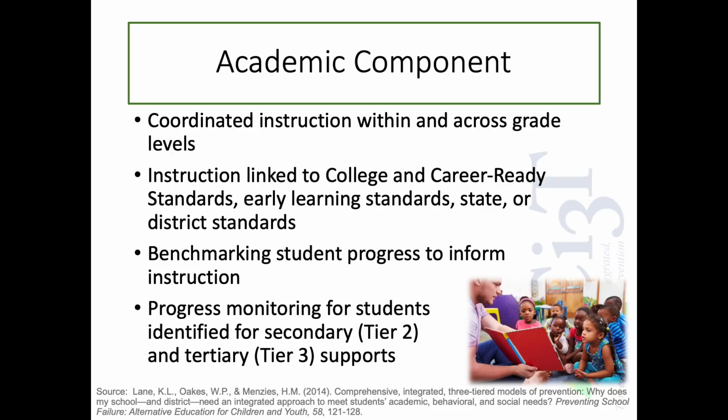We have learned over the past several years that with response to intervention models, the benefit is of close monitoring of student performance, including benchmarking student progress in core skill areas 3 times a year, fall, winter, and spring. This allows us to use those data to quickly determine which students may need extra support in the form of Tier 2 or Tier 3 supports. Then, students who receive those additional supports have progress monitored to see if the selected strategy or intervention is sufficient to meet their learning needs.